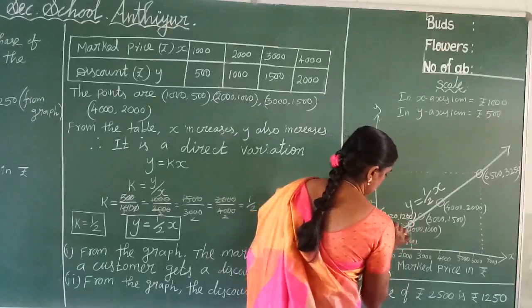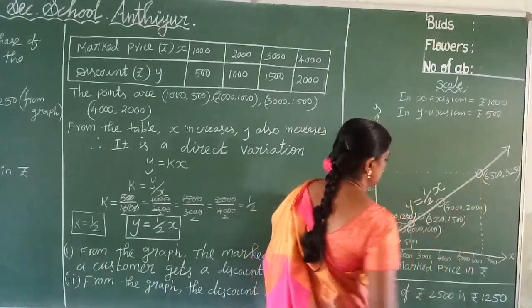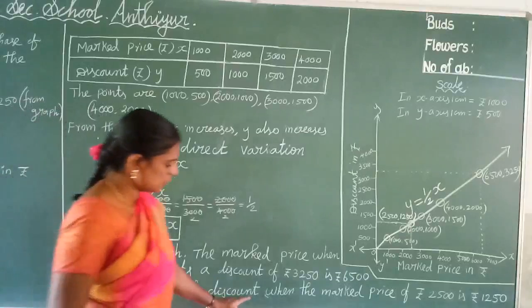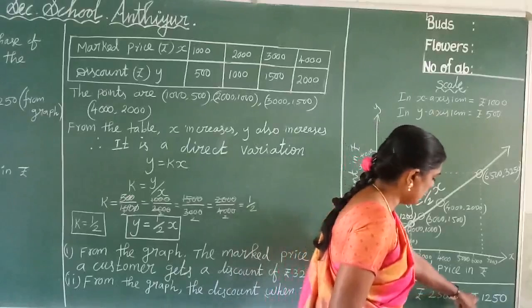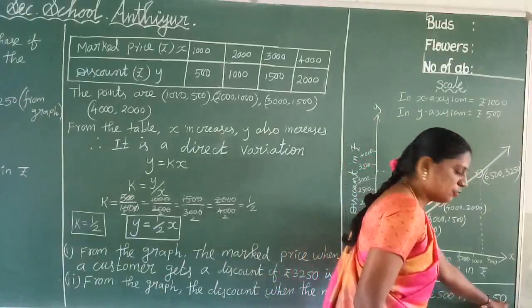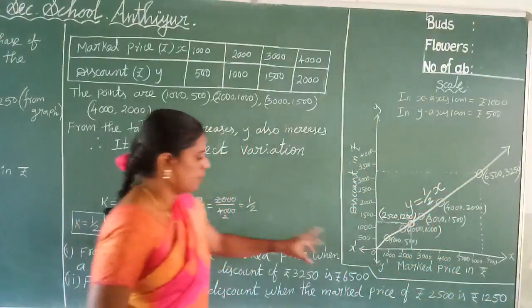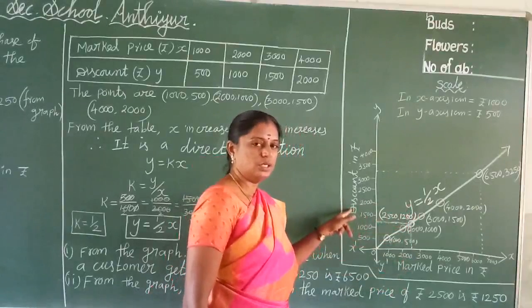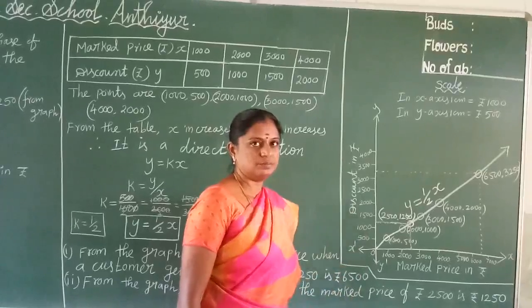You mark it with the pencil at this place, and this also mark with the pencil. That is the answer. So at last we get from the graph the discount when the marked price is rupees 2500 is rupees 1250. Is it clear? So whatever marked price is given, using the graph you have to find the discount. Is it clear? The remaining few problems we discussed.